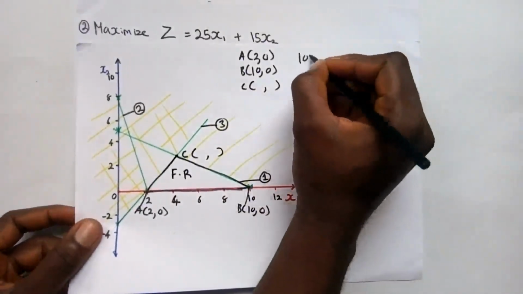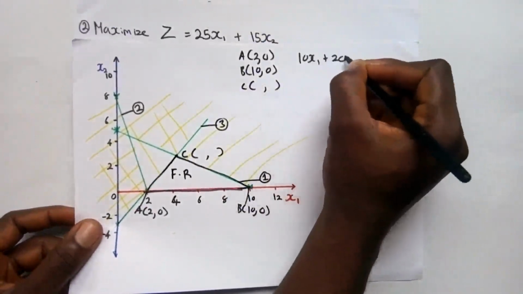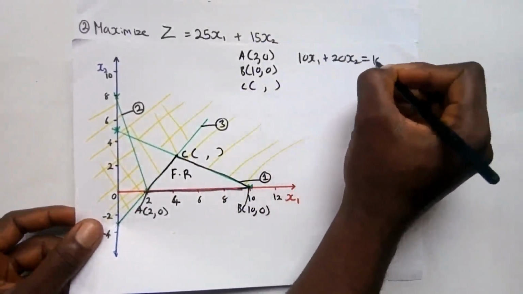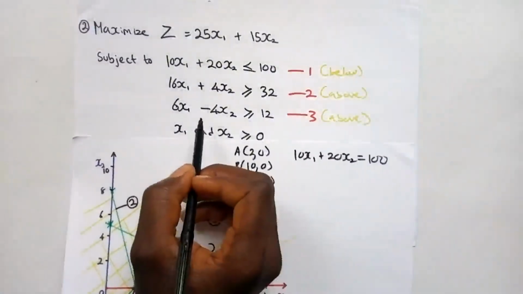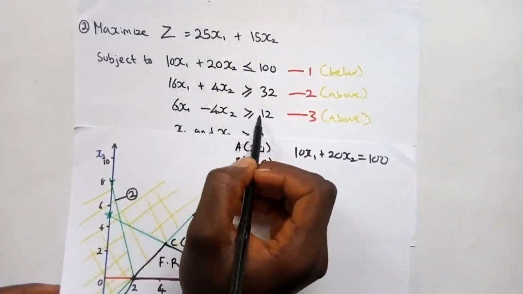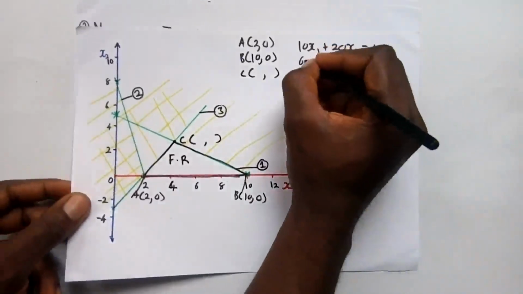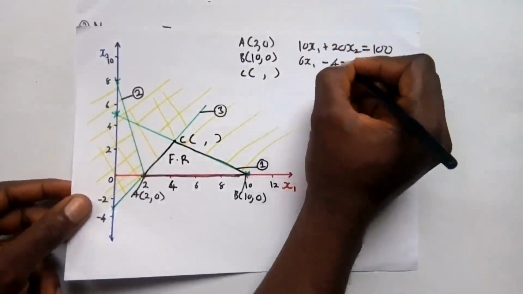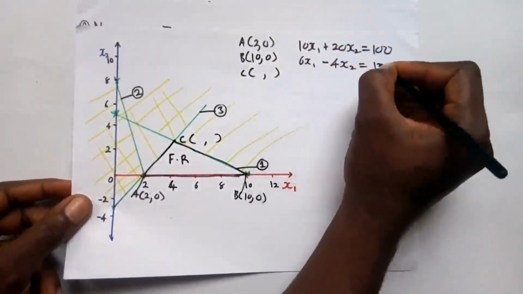And look at the equation for the third constraint. 6S1 minus 4S2 is equal to 12.